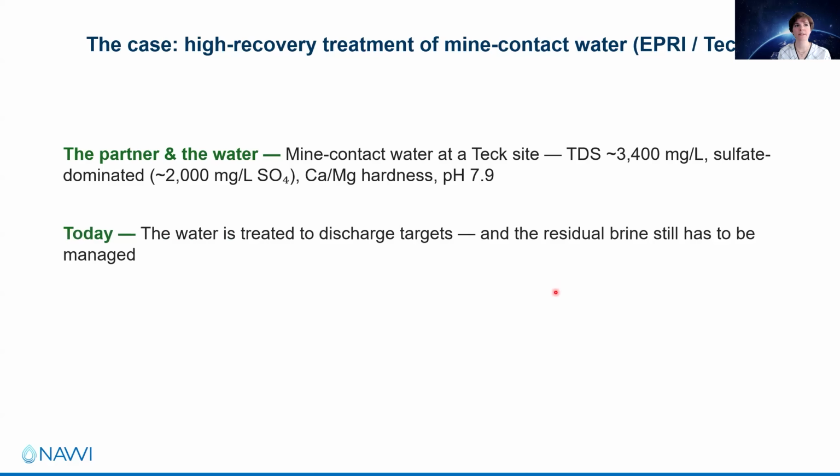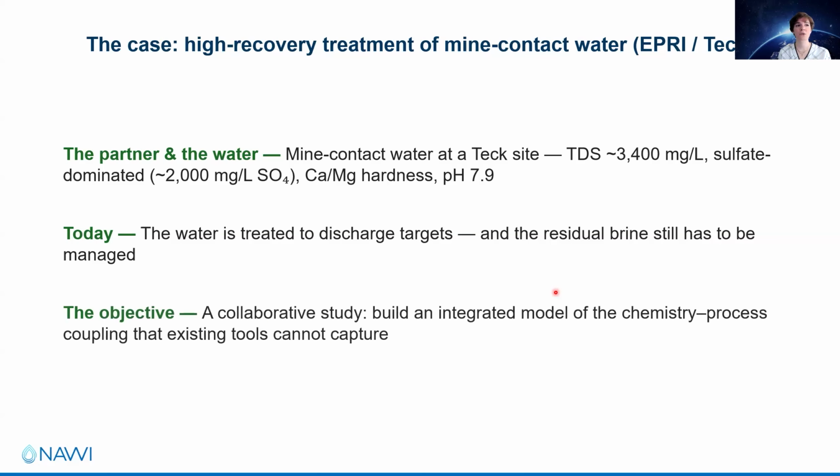It's being treated to a discharge target, and there's a residual brine that needs to be managed today, and that's the main problem that we are going to address. The objective of this collaboration was to build an integrated model of chemistry and process modeling, coupling these two together, which existing tools cannot capture.